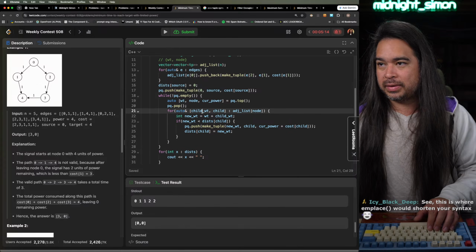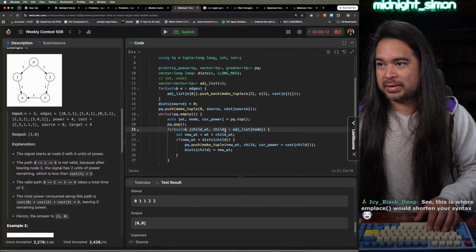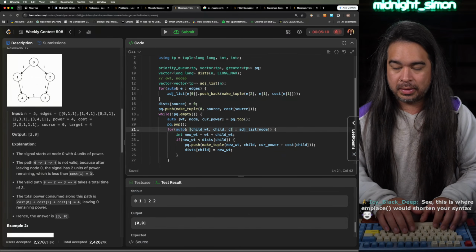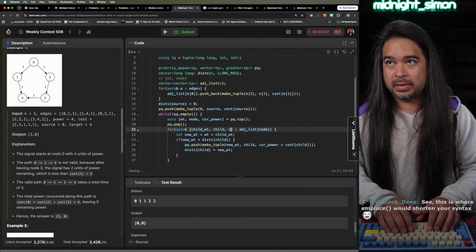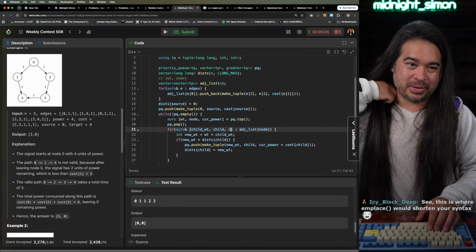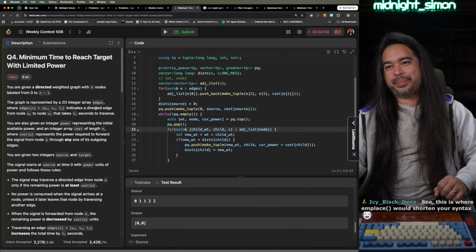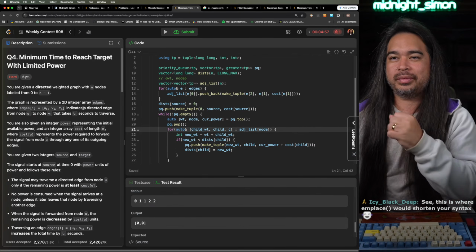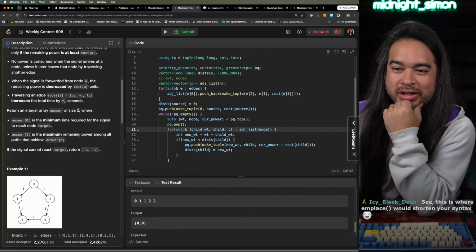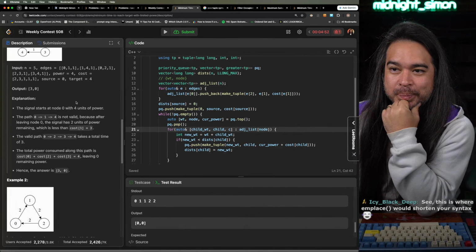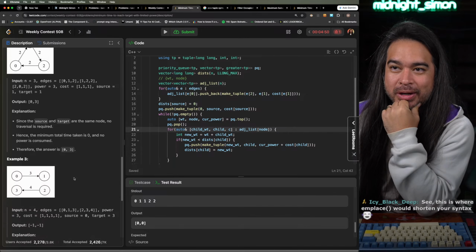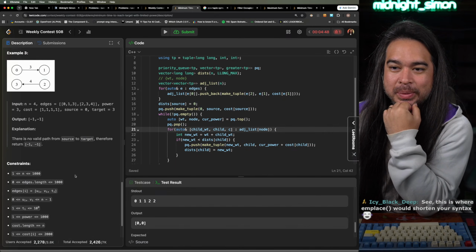And then these in the adjacency list, they would also have, I don't know what to do here, man. Maybe I gotta look at an answer for this one. Maybe I'm not ready for something like this right now.